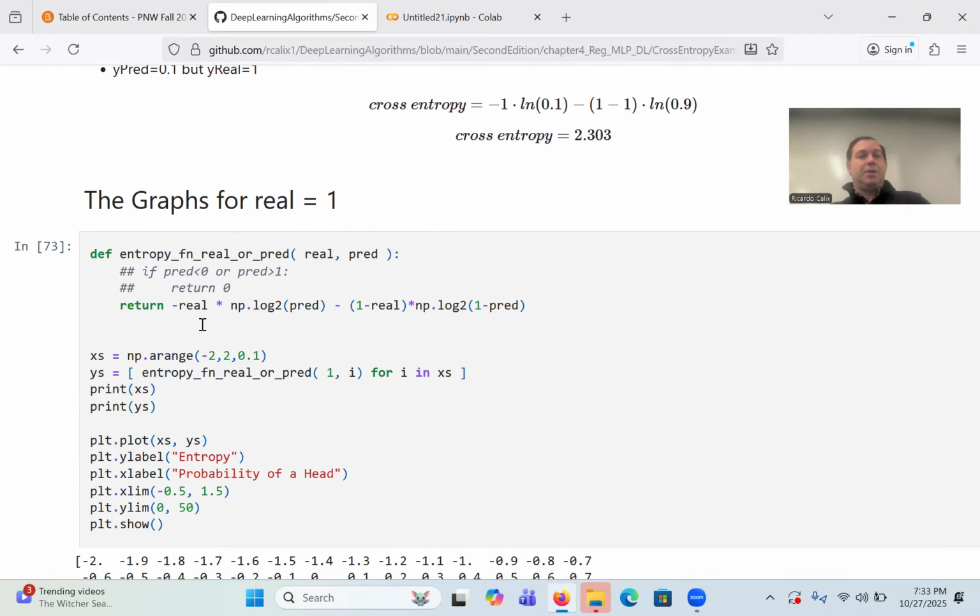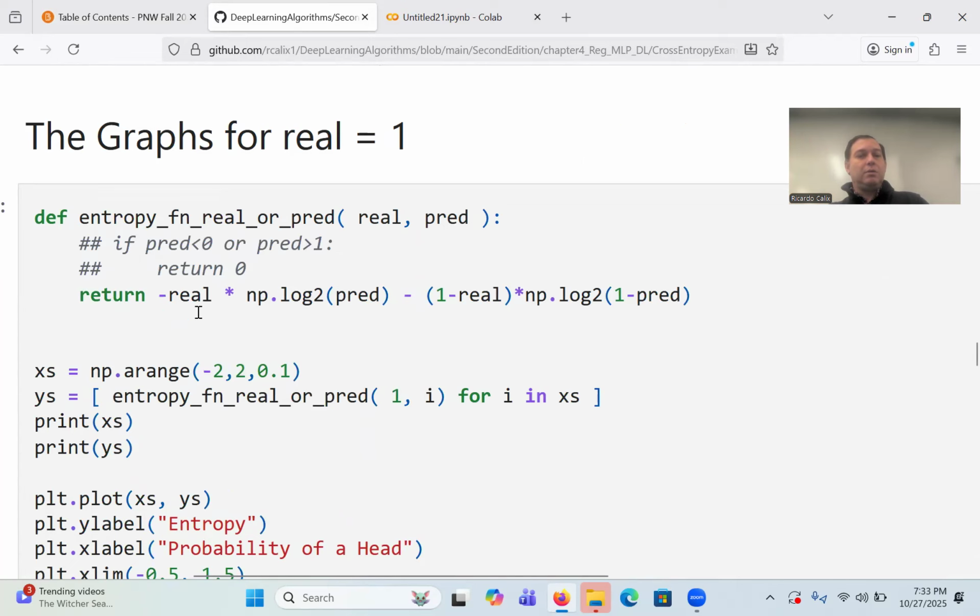Notice it's exactly the same thing, but now I do real times logarithm of pred, okay? And then for the binary case, 1 minus real times logarithm of 1 minus pred. So if one is heads, the other one is tails. You see that? All right, perfect. But it's the same equation, only real and pred.